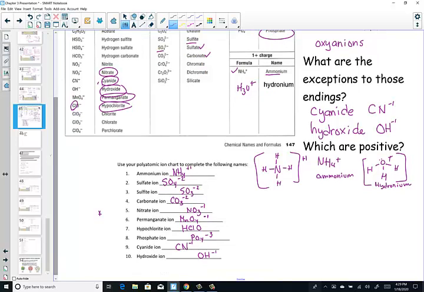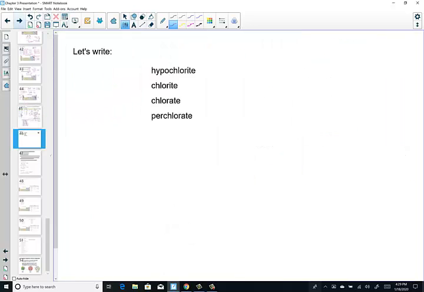And the purpose there really was just to get you looking and saying names of polyatomic ions. I wanted to emphasize what I call a family of ions and how they're related by name and oxygens. Hypochlorite, I was writing a hydrogen for hypo, my bad.